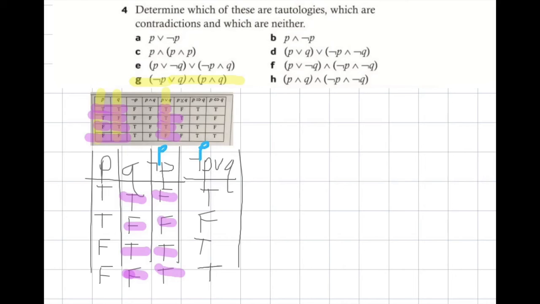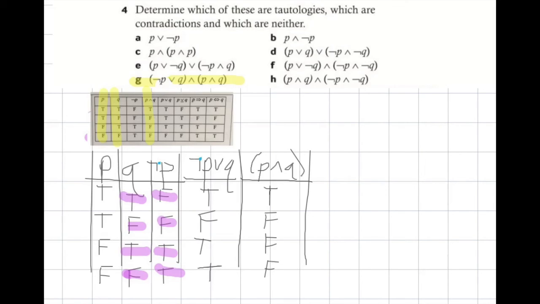Okay, next one is P and Q. So now we're taking a look at the AND statement, which is this column for P and Q. And we can actually just copy this column right down because it is the same argument for P and Q. So it's true, false, false, false.